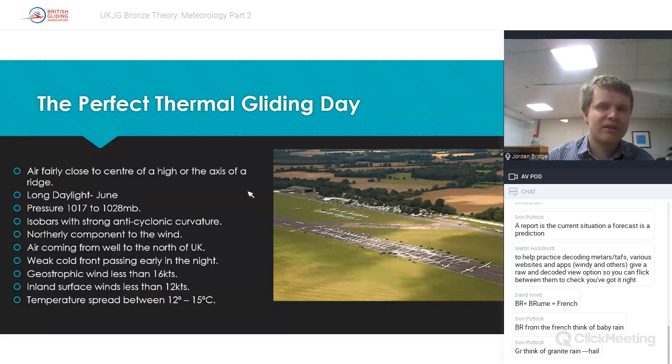A weak cold front, which doesn't bring too much rain, is quite nice as well because that just destabilizes the air enough. And the wind's not particularly strong. And of course, the bigger the spread between temperature and dew point, the higher the cloud base, as we remember from earlier.